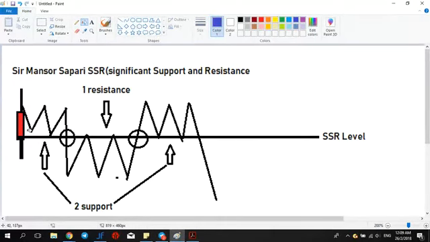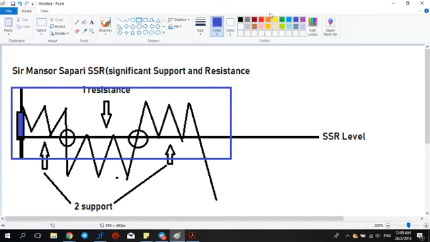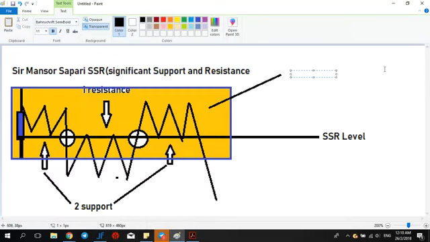Or blue color, it's okay. Any color will do. Alright. So the zone will be over here. Okay, so this is our HLZ.